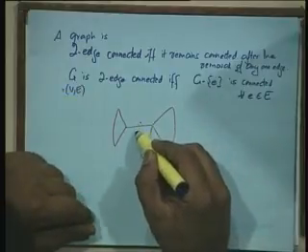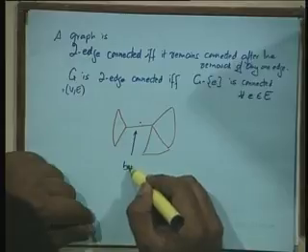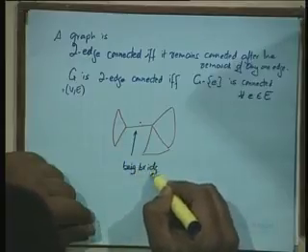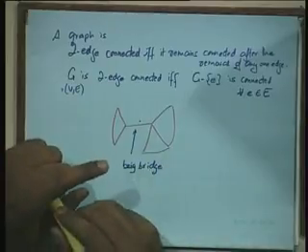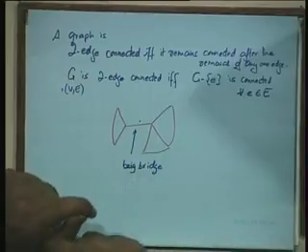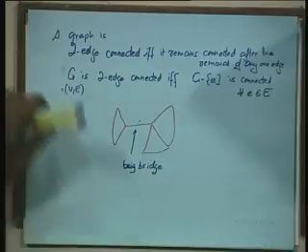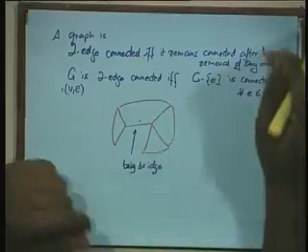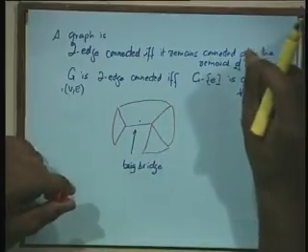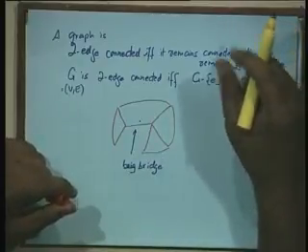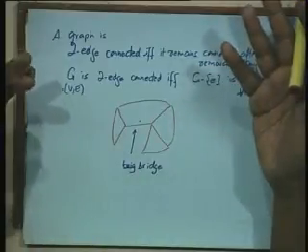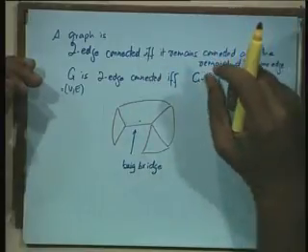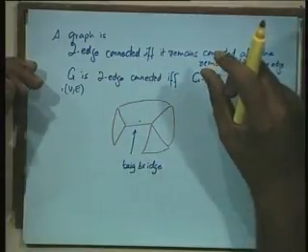This edge we would call a bridge. Okay. So, this graph is not two edge connected. Is this graph two edge connected? Yes. So, a graph which is two edge connected will not have any bridge edge. A graph which is not 2 edge connected will have a bridge edge. Okay.